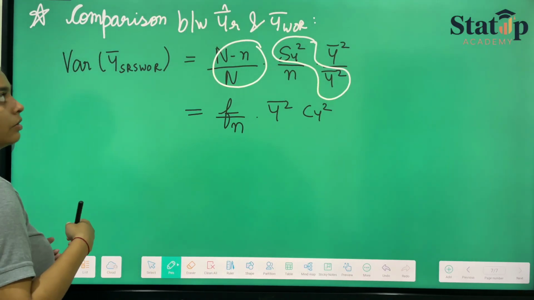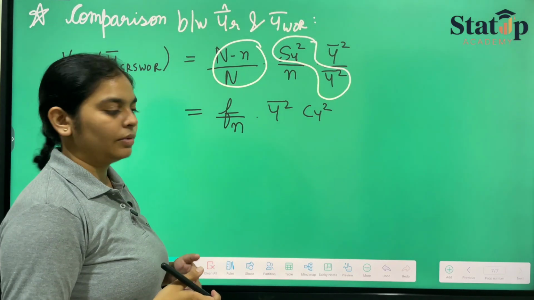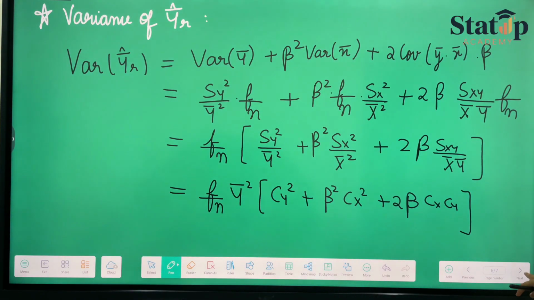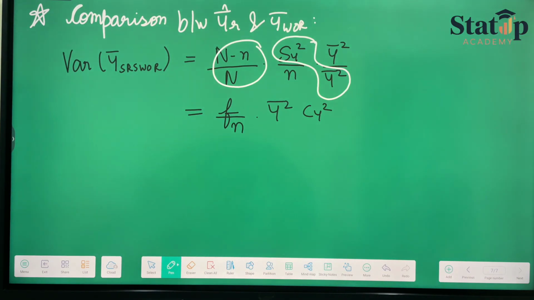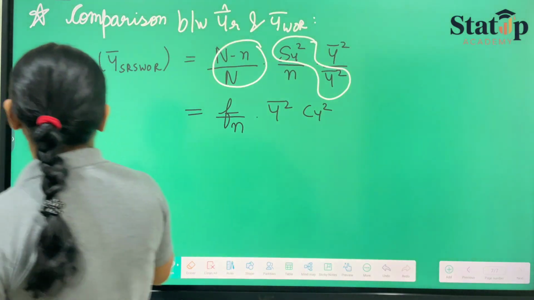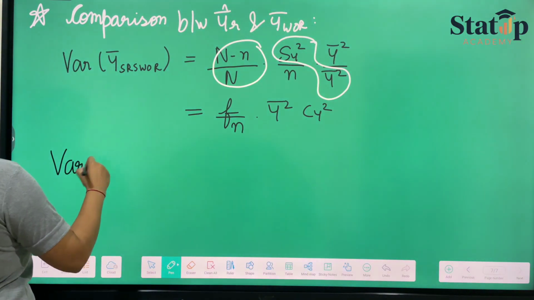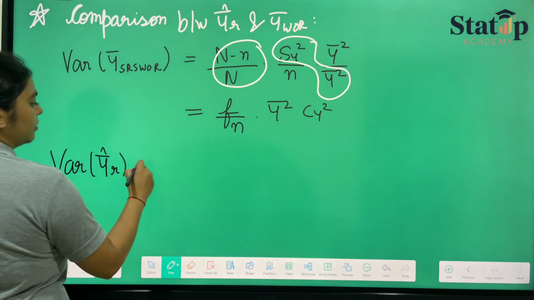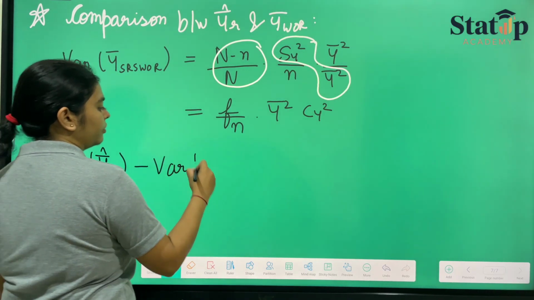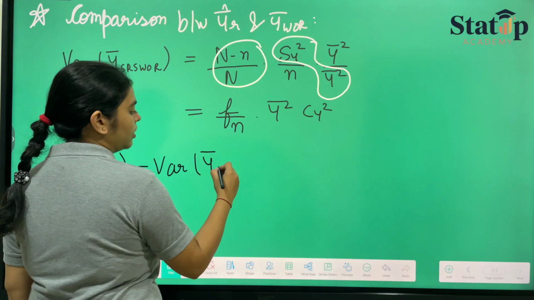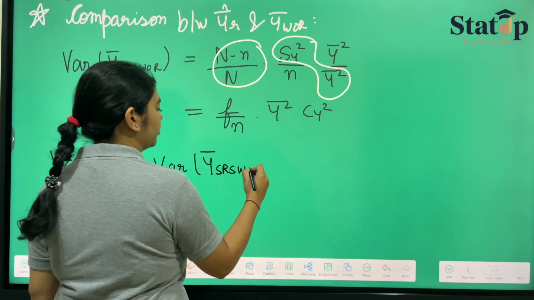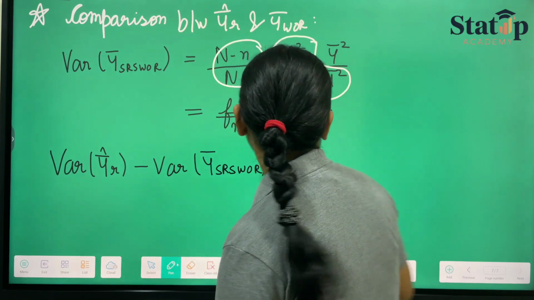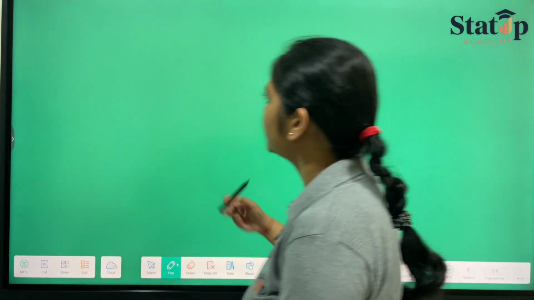And the variance of the regression estimator we have calculated, which is nothing but this. So we will subtract the variance of the mean of simple random sampling without replacement from the variance of the mean of the regression estimator, let us take it on the next page.